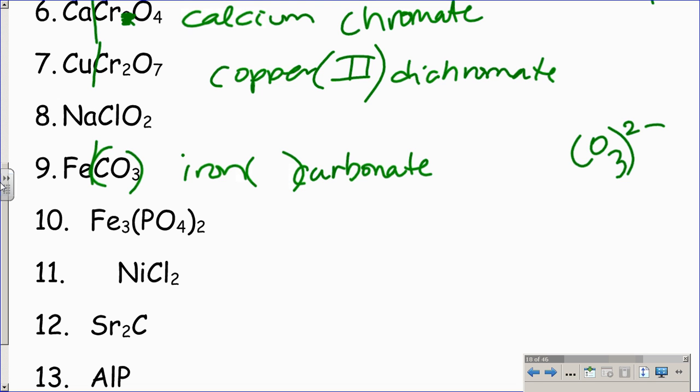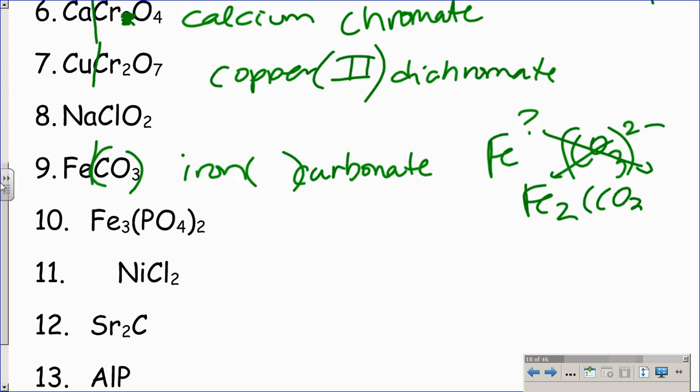That means that before we did the whole formula thing, we had iron, I don't know, carbonate 2-. And so when we crisscross these, it was iron 2, carbonate had to be 2 because we reduced down to 1 and 1. So it's how you know it's iron 2. That one takes like a 3-step process though.